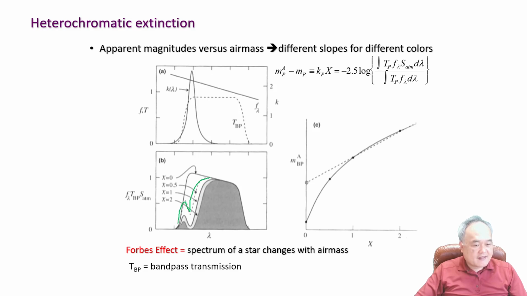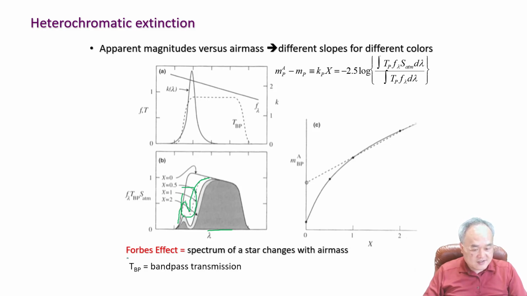Going through a denser atmosphere, meaning the longer the path length, the higher the air mass, you see that part of the spectrum suppressed more and more. So what does this mean? It means your object's color, its spectral shape, depends on the air mass.